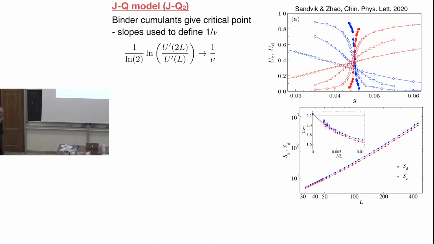And Chong mentioned as well that the exponents drift a lot with the system size, but they drift, but they still look like they extrapolate to quite a well-defined value. This is just one power law correction to it.